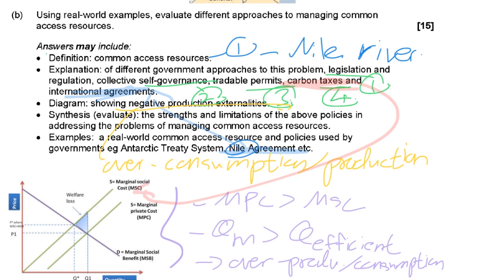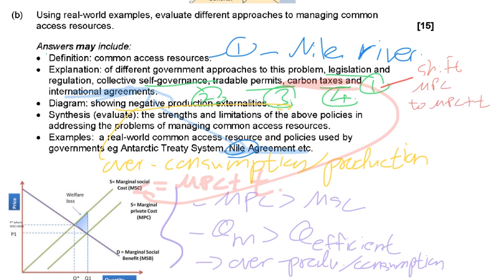That means we will shift the MPC to MSC plus T. Let's mark it down on the right-hand side. The tax will help us shift the MPC curve to MPC plus T.